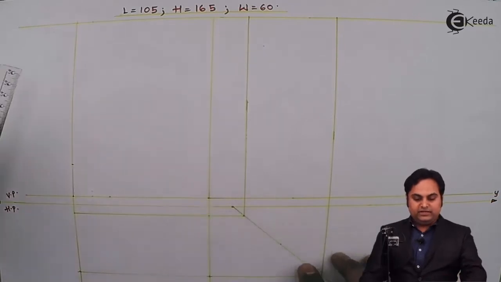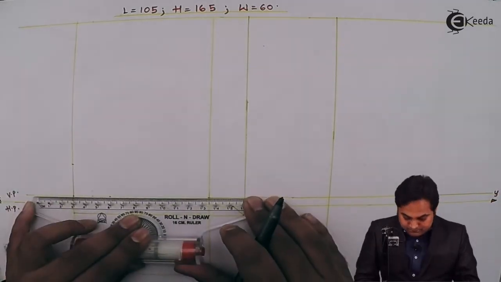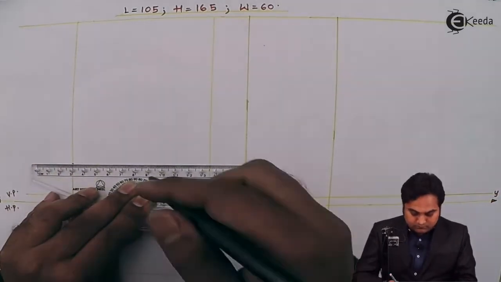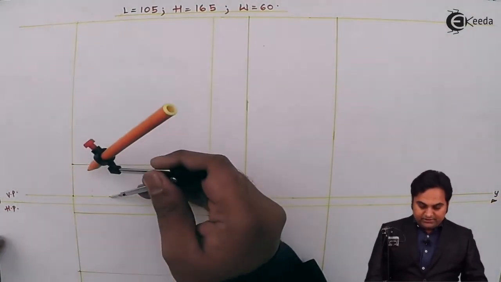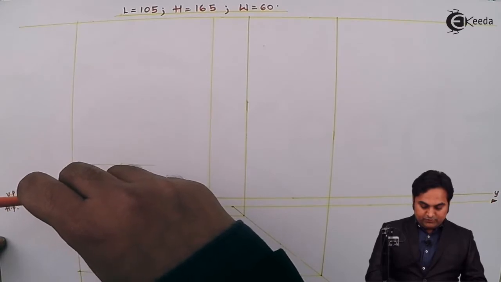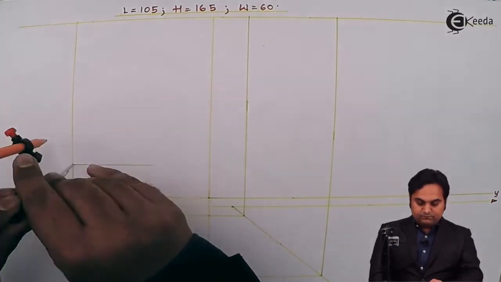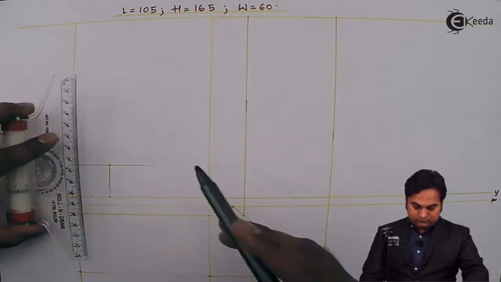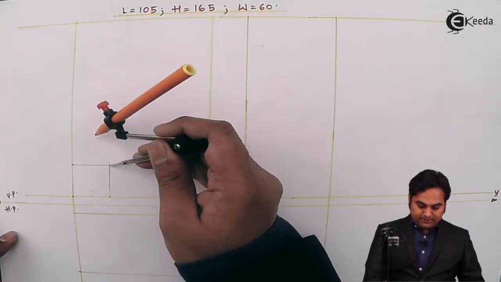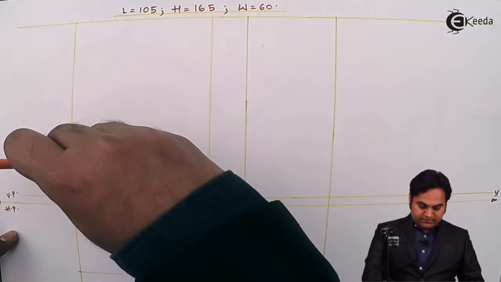Next, drawing a horizontal line through this point, a light line. Over this line, I am going to mark the same radius. Keeping this center, the radius is 30 mm.